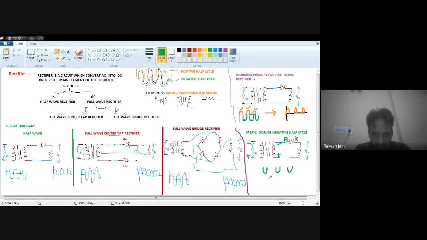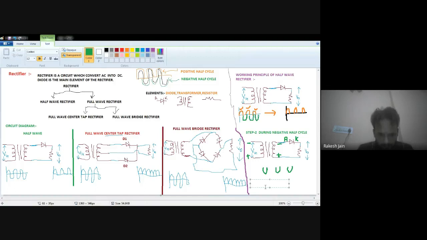And whenever the diode is reverse biased, it will act as an open circuit. So during the negative half cycle, the diode is reverse biased, so I write RB for reverse bias. It behaves as an open circuit, so I write OC for open circuit. You understand, RB for reverse bias and OC for open circuit.